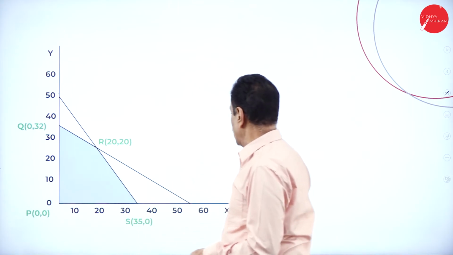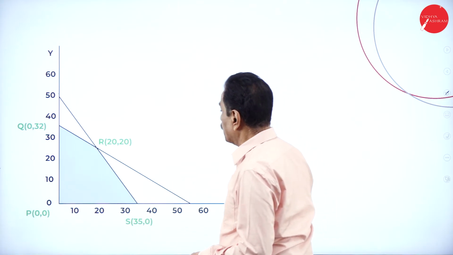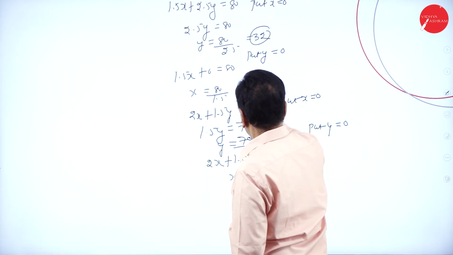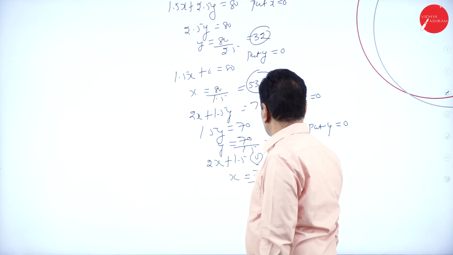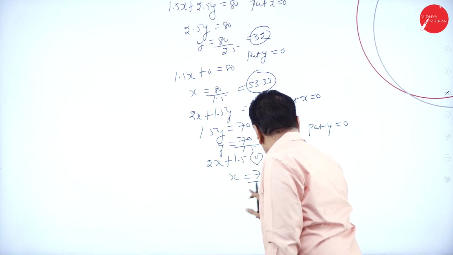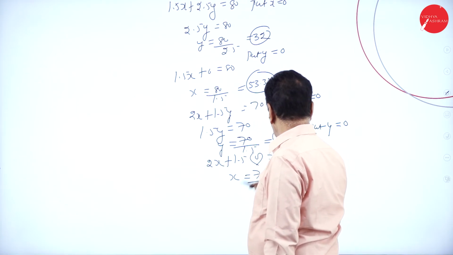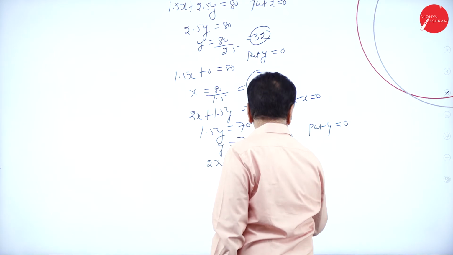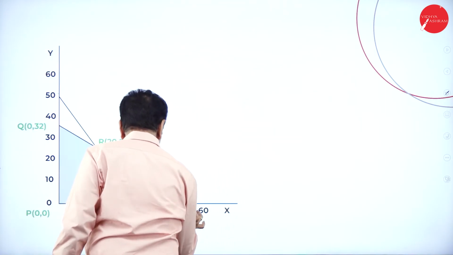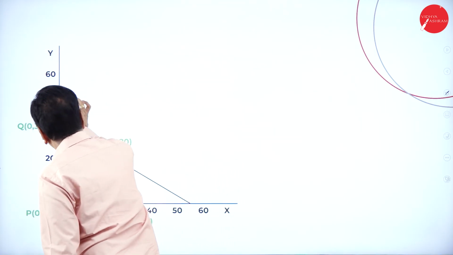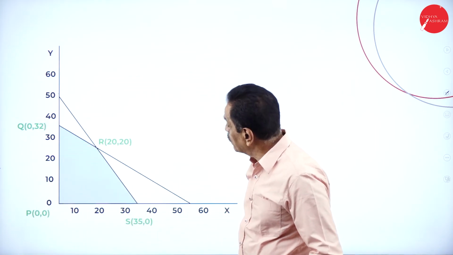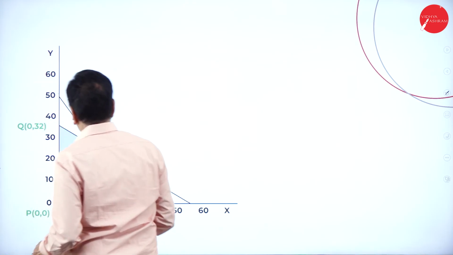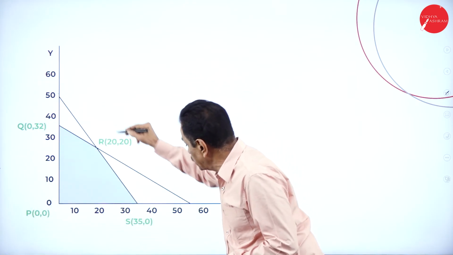In the second equation, put y is equal to 0, then x is 35, and with x equal to 0, y is 47.